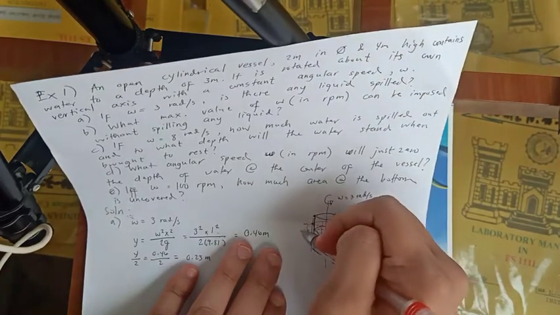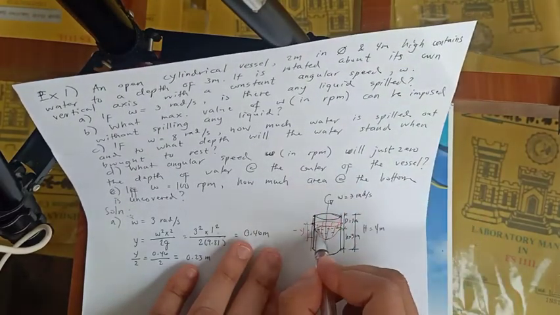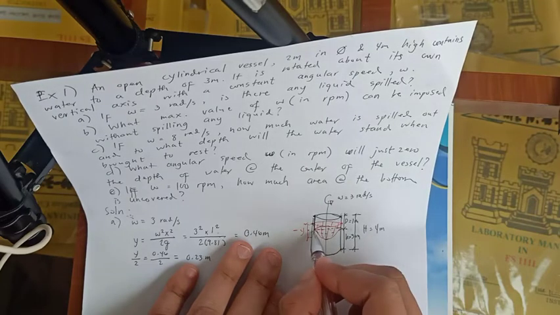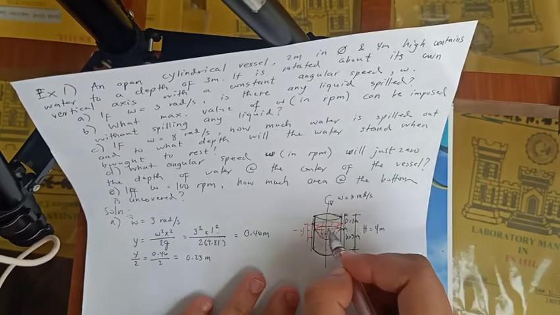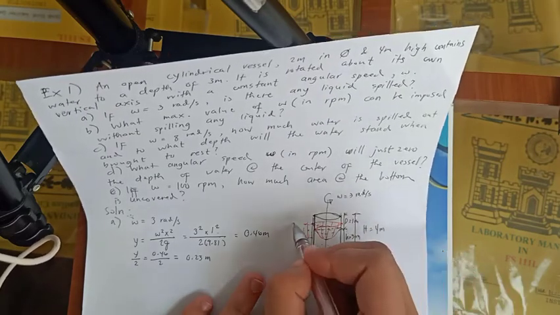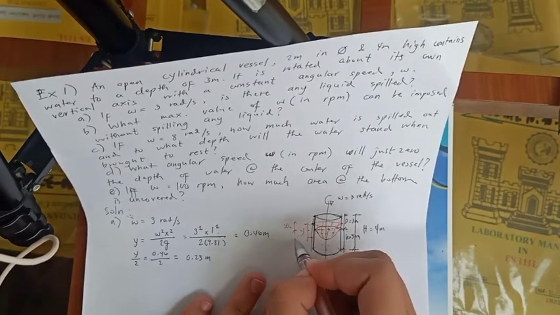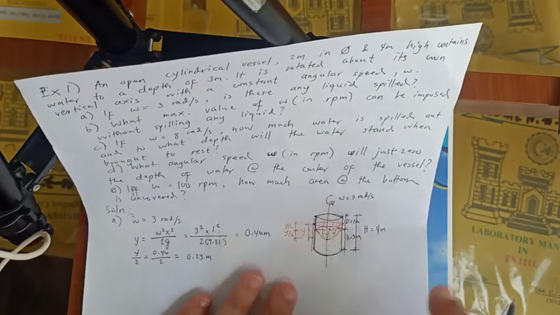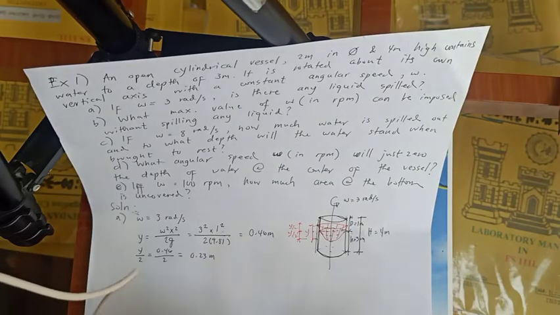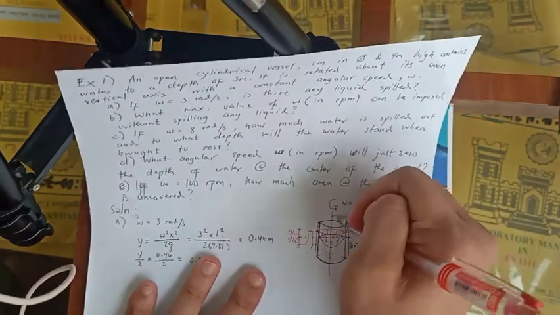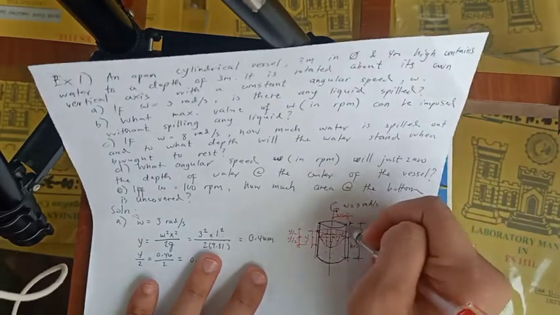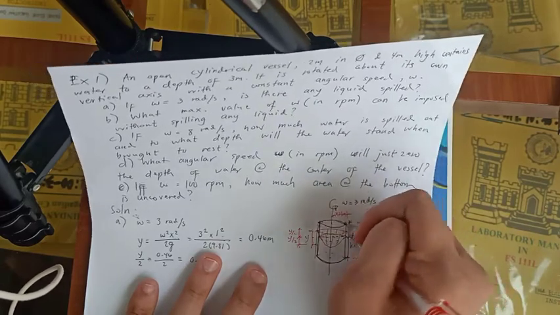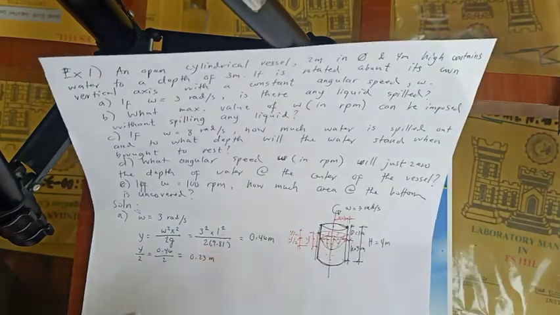So this is y, and from the line at the bottom of the paraboloid to the surface is y over 2. And again, x is 1 meter because it is the radius, the distance from the axis to the side of the container.